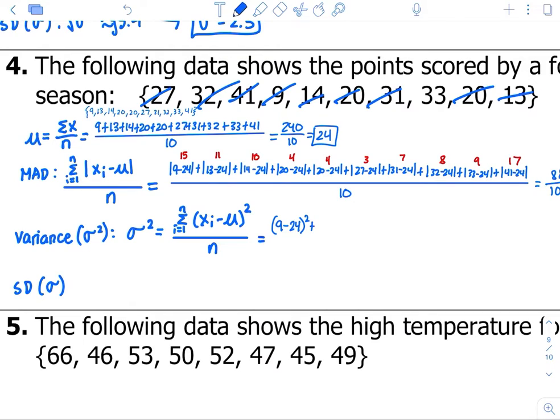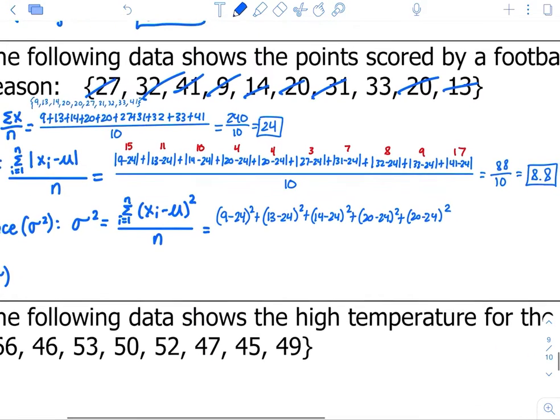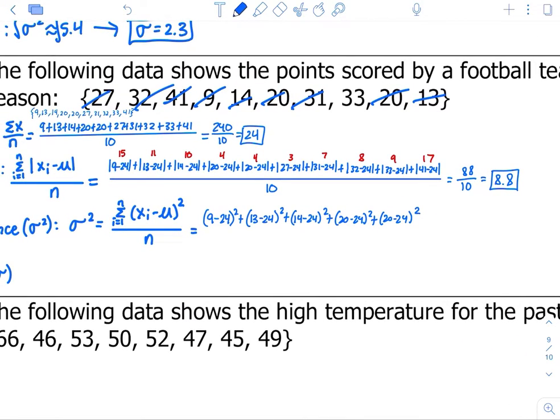squared, plus second term, second data value, 13, minus your mean, squared, plus 14 minus your mean, squared. Your fourth term, which is 20, minus your mean, squared. And so on, you guys, right? It's just a continuous pattern of subtracting the mean.